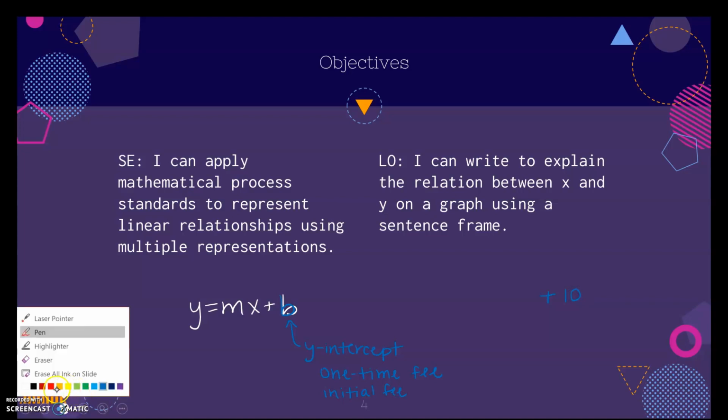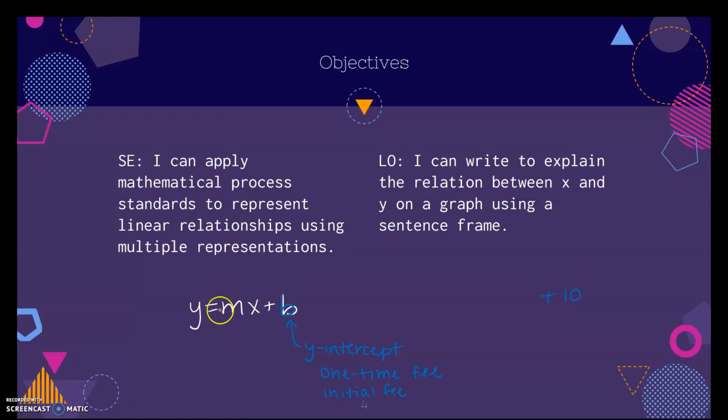And then we have our rate of change. So that's our m. So that's something that's our constant. For every hour I rent that kayak, I have to spend that amount of money. And so our rate of change is something that is multiplied, and it is our constant for each hour. Okay.